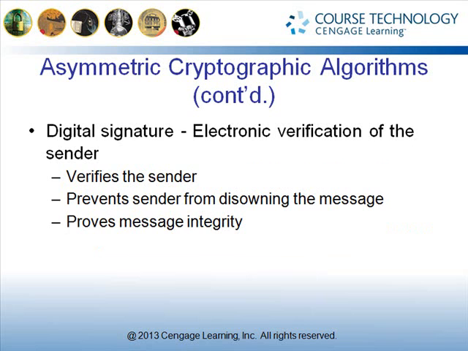Now, asymmetric cryptography can also be used to provide proofs. Let's suppose that Alice receives a message, an encrypted document, and it says that Bob sent this. But how can Alice be sure that the encrypted message wasn't viewed or altered by someone else while it's being transmitted? She knows that it can be checked that way because it's encrypted. But how can she know that Bob is actually the sender?